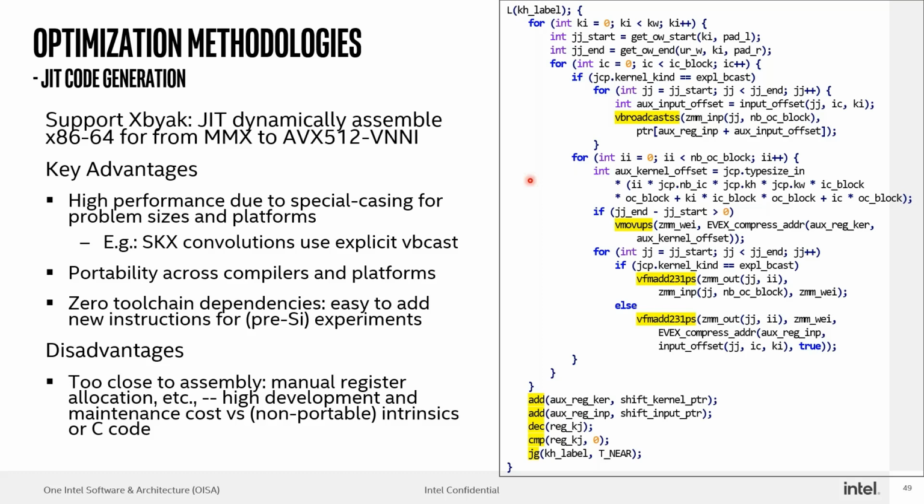So the exact same code, if you run it on AVX-512 machines, then at the beginning of the runtime, oneDNN will generate the AVX-512 optimal code. By using this method, it is very flexible in providing the best performance on a variety of devices.